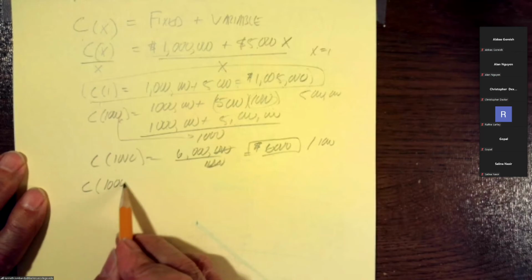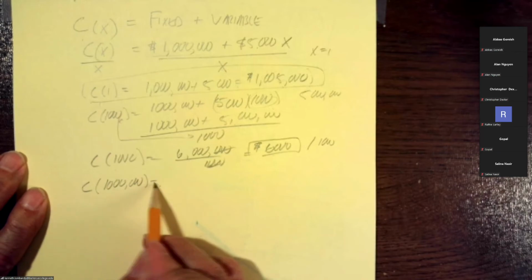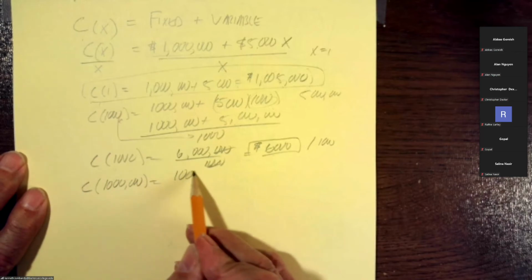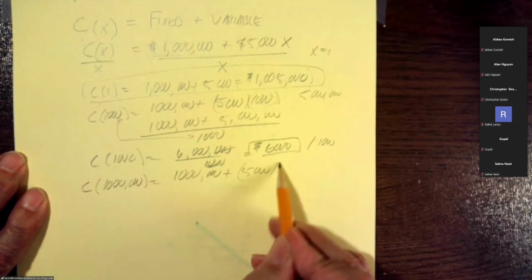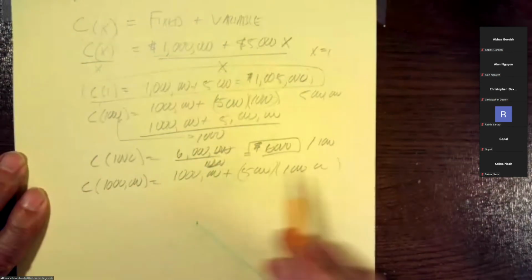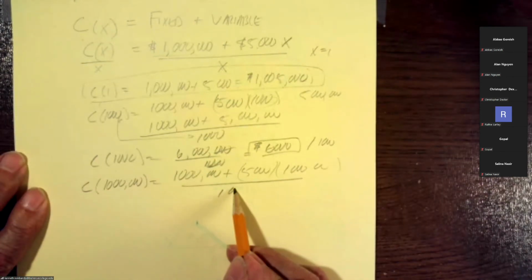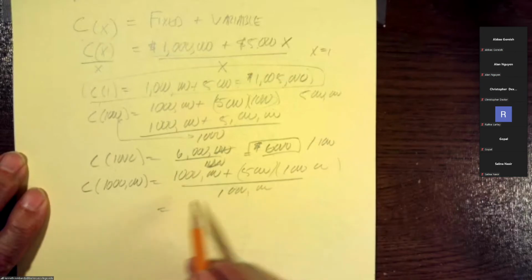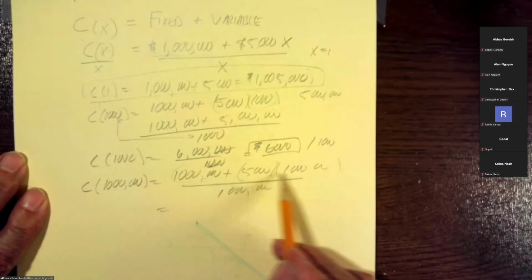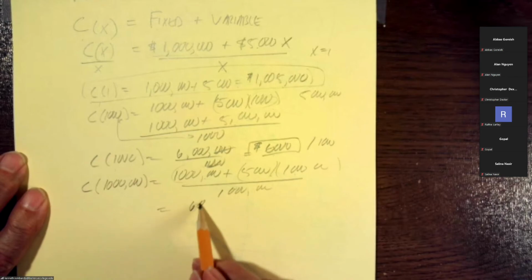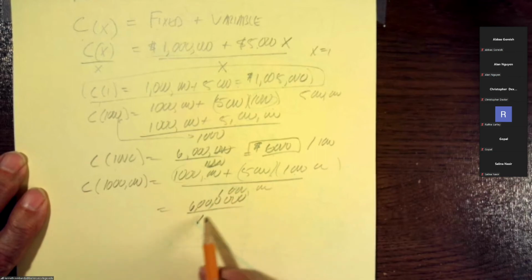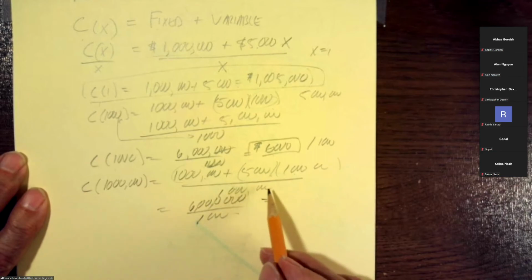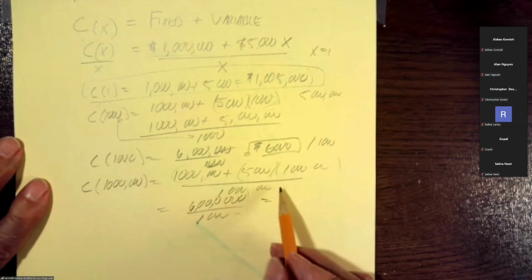Some large number. So that would be 1 million plus 5,000 times 1 million over 1 million. So that's going to be 1 million plus 5 million. That's going to be 6 million, 6 divided by 1 million. So that's going to be 6,000.